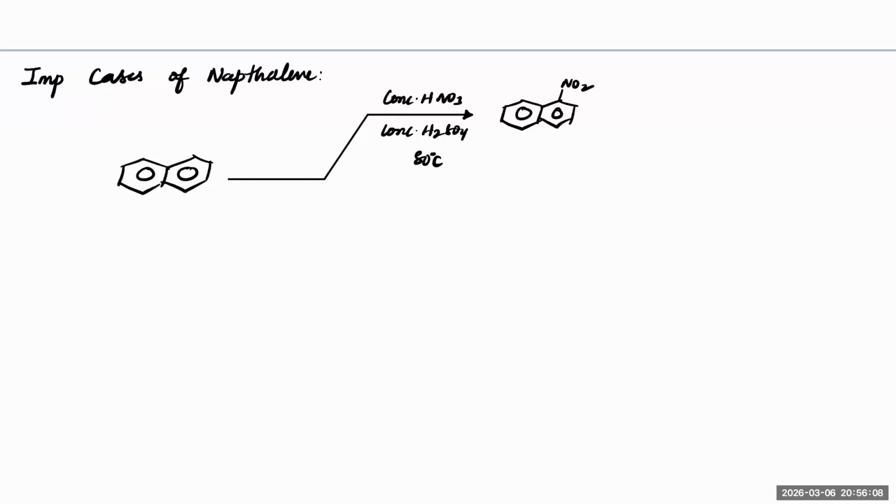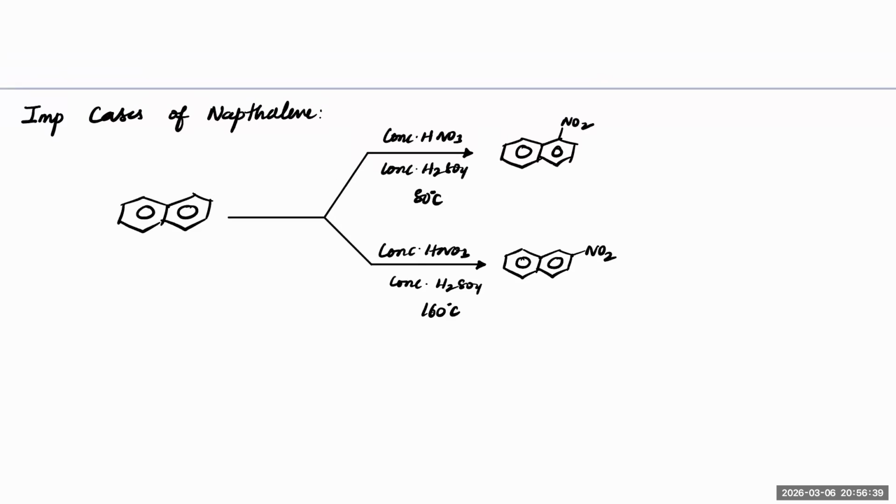While if you operate the same thing, with concentrated HNO3 and concentrated H2SO4 at around 160 degrees Celsius, in that case, we will get NO2 at high temperature, at the para position.